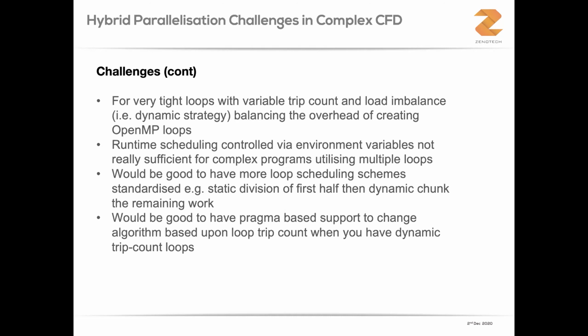So having other ways of scheduling these OpenMP loops, or controlling the scheduling of these OpenMP loops, would be of interest to us. I think the last talk effectively answers that, the third point here, of having more loop scheduling schemes. And I think we'll have a look at the LB4OMP library to see how this works.